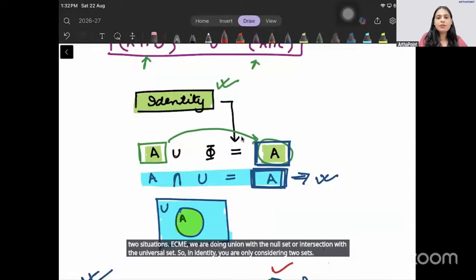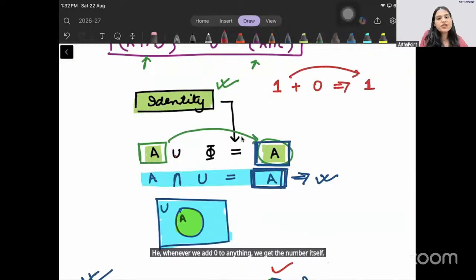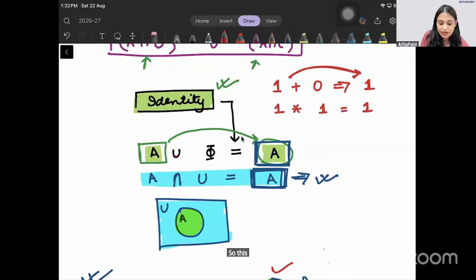Like usually in maths, what is identity? Identity means whenever we add zero to anything, we get the number itself. Identity means it has not been changed. Whenever we multiply 1 to anything, we get the number itself. So this is additive identity: adding 0 to anything gives the number itself, and multiplying with 1 gives the number itself.